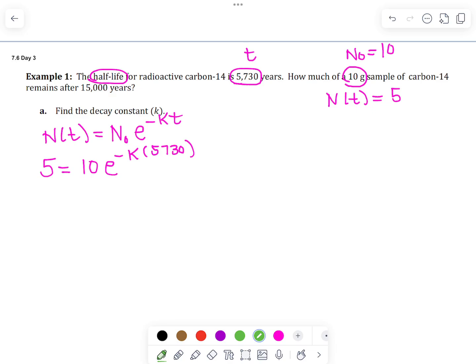To solve it, we first isolate the exponential, so we divide both sides by 10 and reduce. So 5 divided by 10 is 0.5, equals e raised to the negative 5,730 K. Now we're going to take the natural log of both sides.